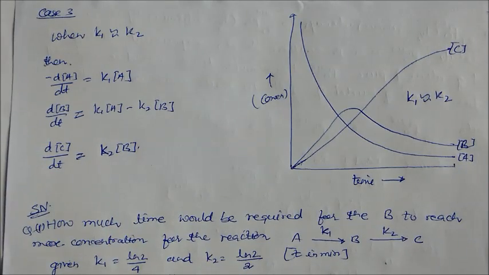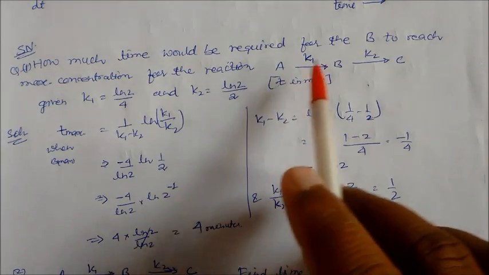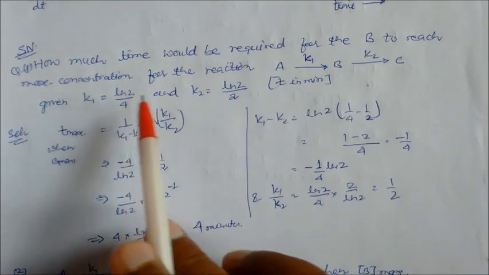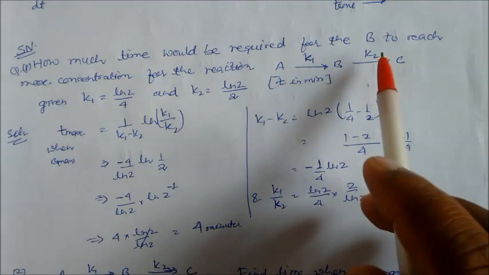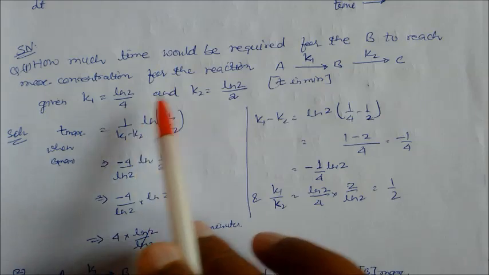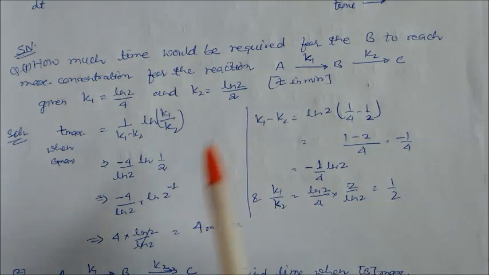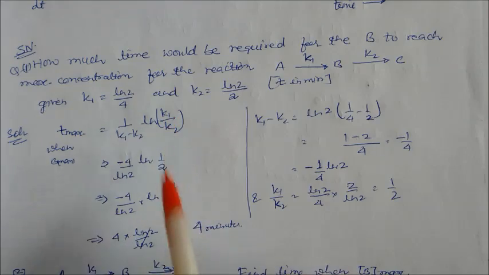Now we'll see some numericals. How much time would be required for B to reach its maximum concentration? When A is converted to B to C with rate constants K1 and K2 respectively, K1 is log 2 by 4, K2 is log 2 by 2, time in minutes. So t maximum, this is the formula, 1 by (K1 minus K2) into natural log of K1 by K2.